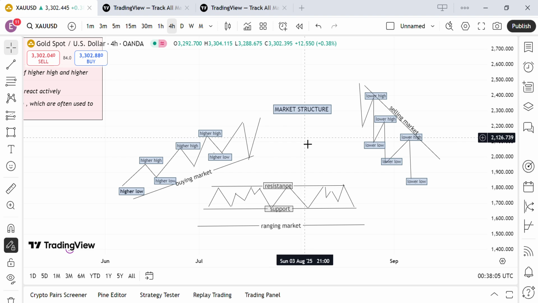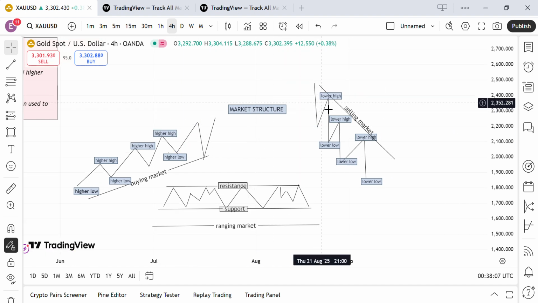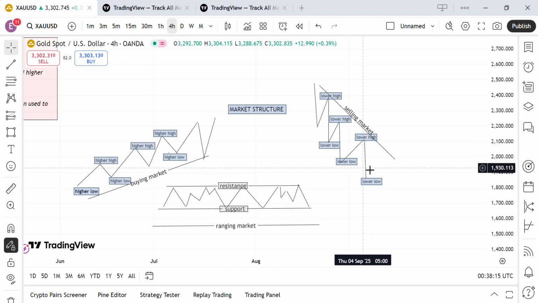Then for a bearish market or a selling market, we have a series of lower high, lower low, lower high, lower low, lower high, lower low. Then remember, the lower high must be able to take out the lower low for us to say that this market is bearish.